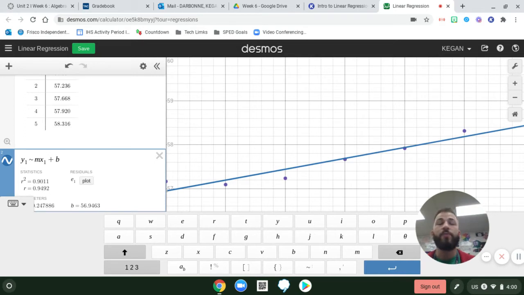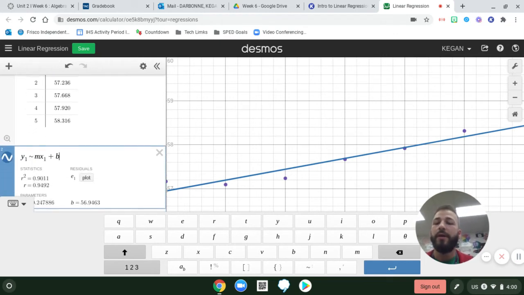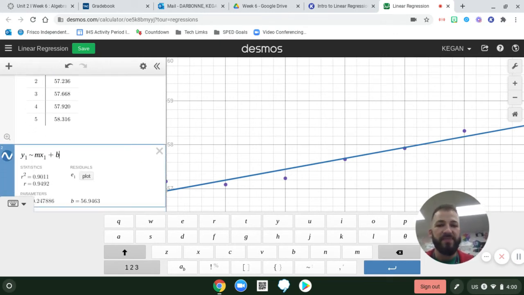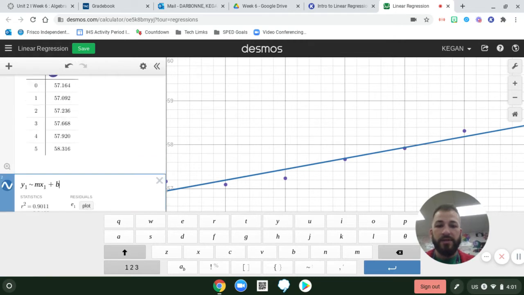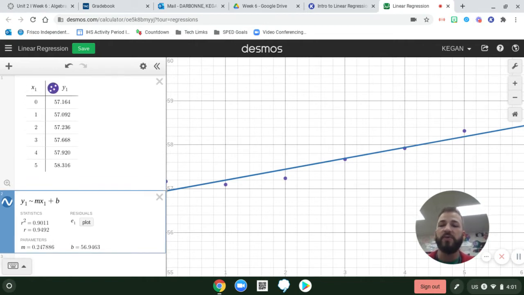So that's y equals mx plus b, but we're plugging in y1 and x1 from our table, m for slope, and then plus b. As you notice, we now have a linear equation that looks like a pretty good fit to our data, which was this table over here, our decades from 0 to 5 and those degree temperatures over on the right.